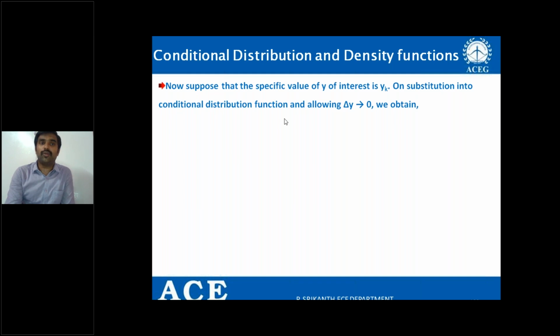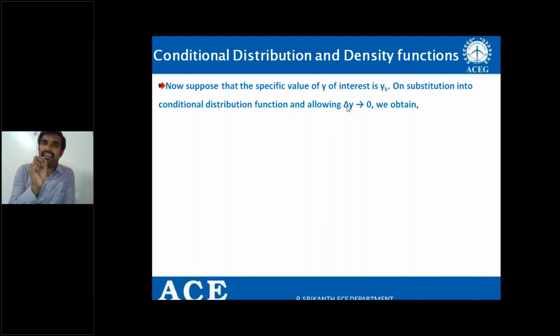And here, now suppose that the specific value of y of interest is yk. As I said, conditioning is applied on x by using the event taken from the random variable y. In the continuous case, the event is y minus delta y less than or equal to y less than or equal to y plus delta y. Why?